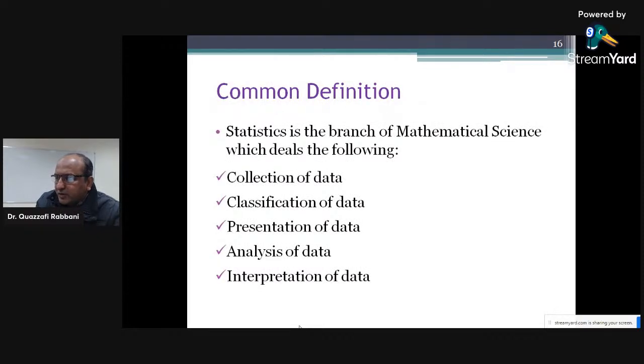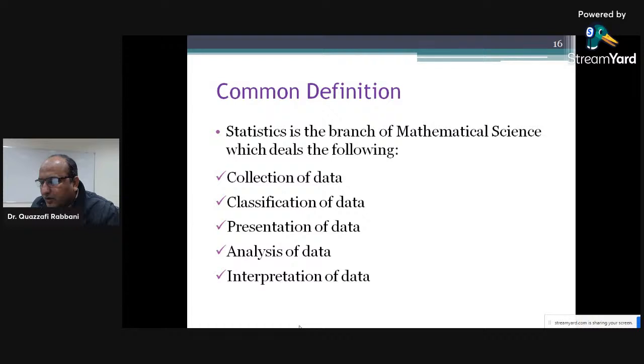If you see all the definitions, there are some common facts in them. Statistics deals with the collection of data, classification of data, presentation of data, analysis of data, and interpretation of data.